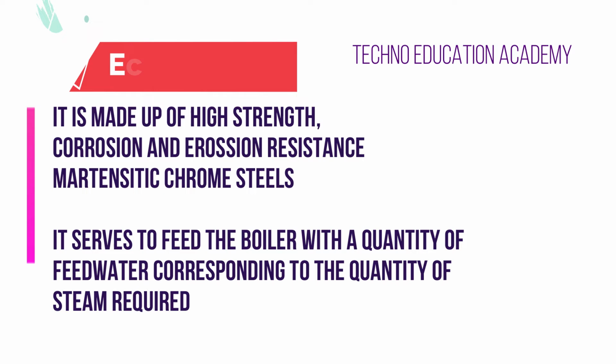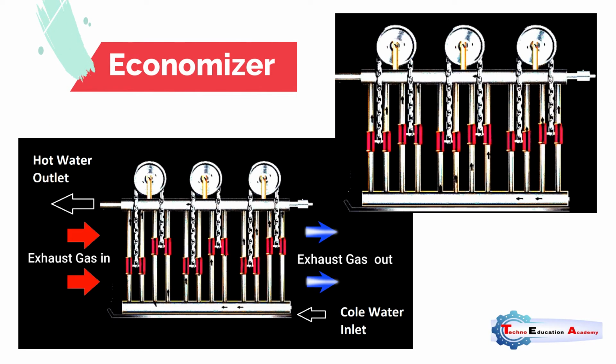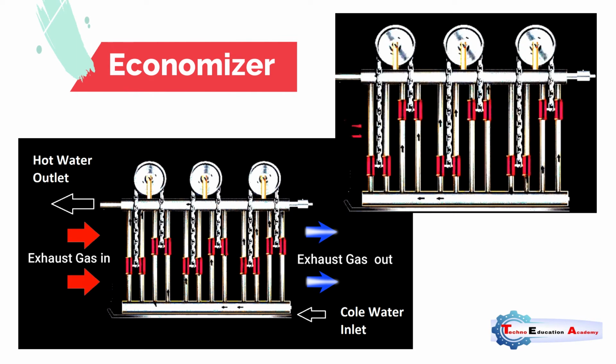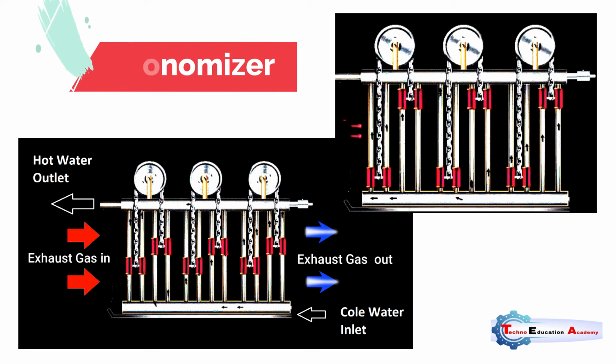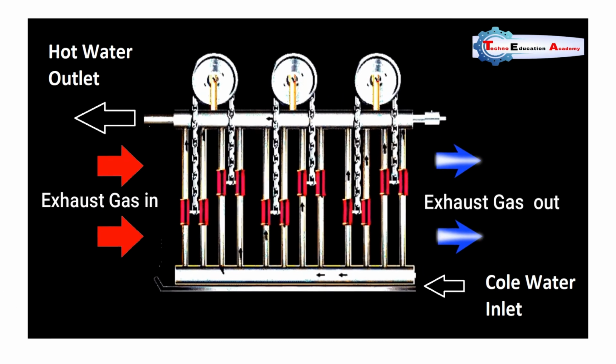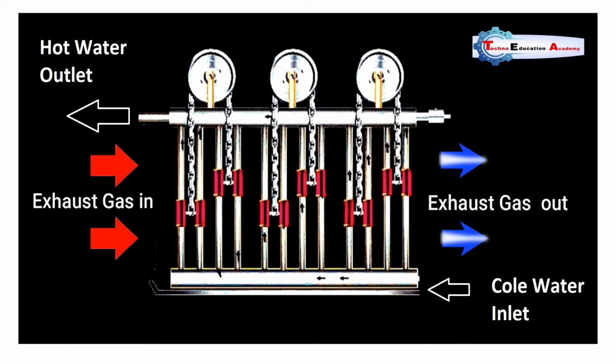The second component is the economizer. As we know, what is the function of an economizer? Economizer is a heat exchanger. Here we are using waste heat from the flue gases, and these flue gases will pass the heat to the coil of tubes of the heat exchanger, and it will increase the temperature of water.